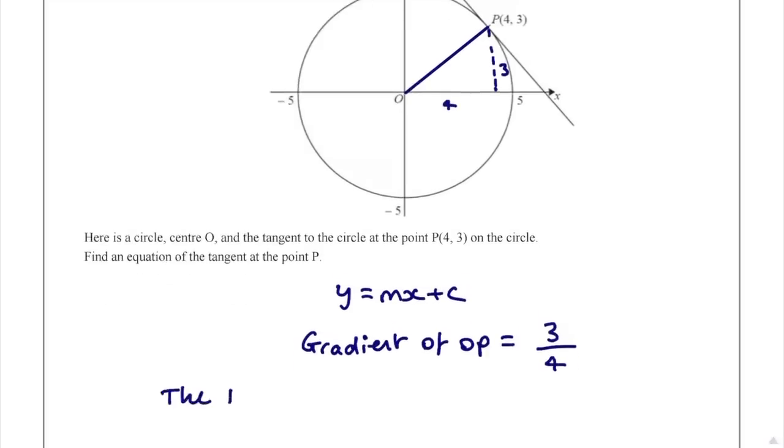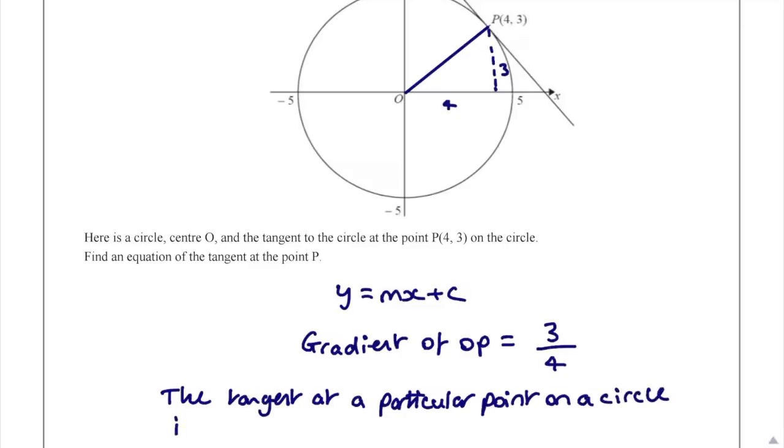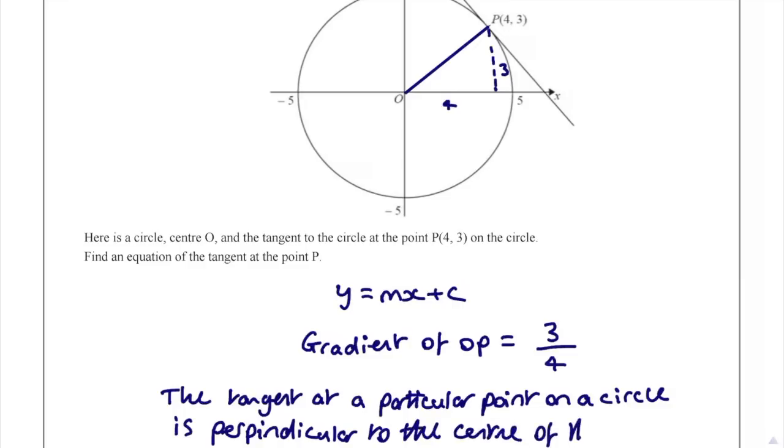So the tangent at a particular point on a circle is perpendicular to the centre of that circle. Okay, that is crucial to answering this question.